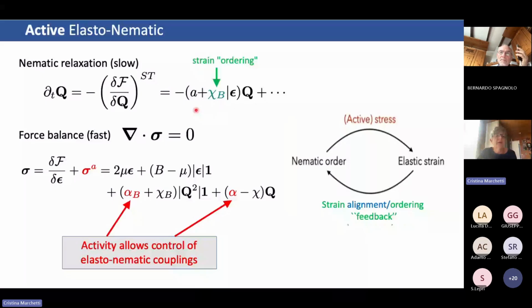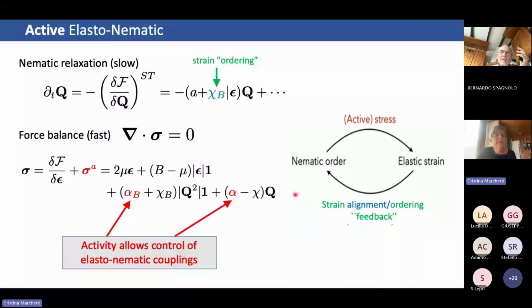The stress itself will have an elastic component given by the derivative of the free energy I showed you before, and an active component. Now I have deviatoric active stresses due to the force dipoles I mentioned earlier, which have essentially the same form as you have in a fluid.